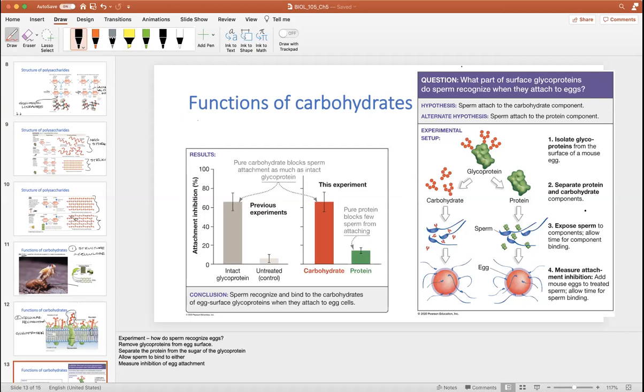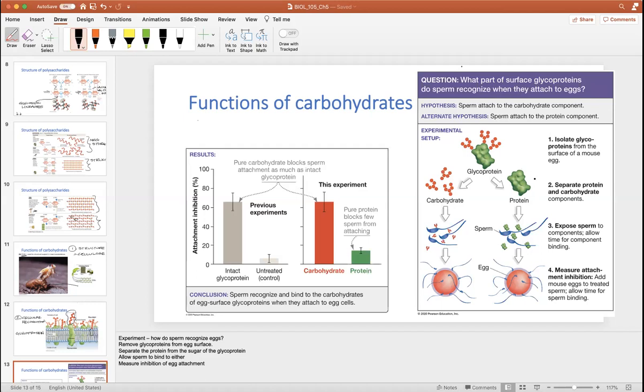Now, back before we understood that the ID tag on the egg was a carbohydrate, the way that researchers were able to figure that out, they basically took the proteins and the sugars and the glycoproteins that were on an egg. They took these glycoproteins and they said, wonder how these sperm are recognizing the egg.